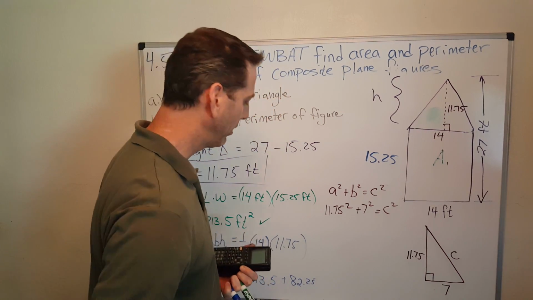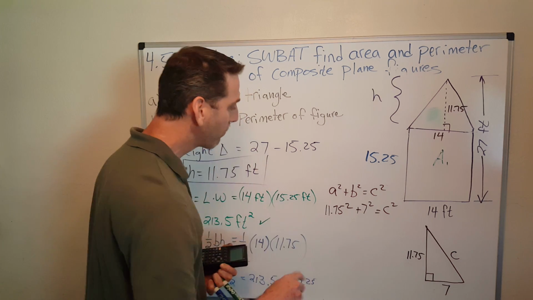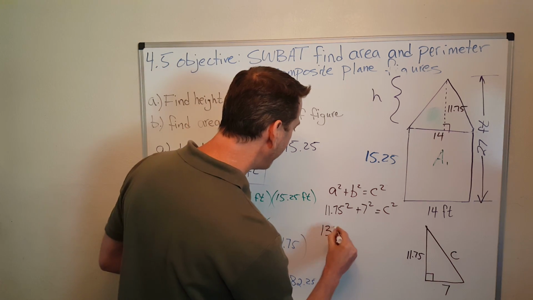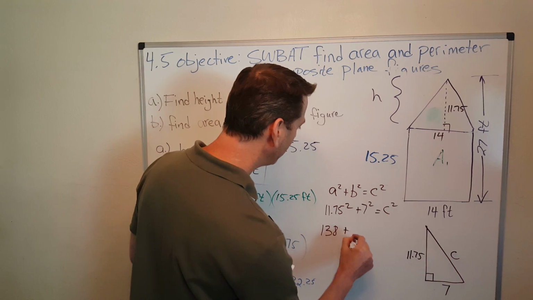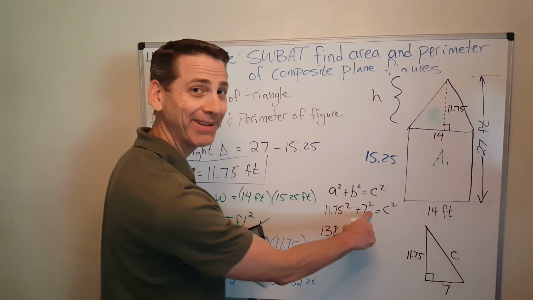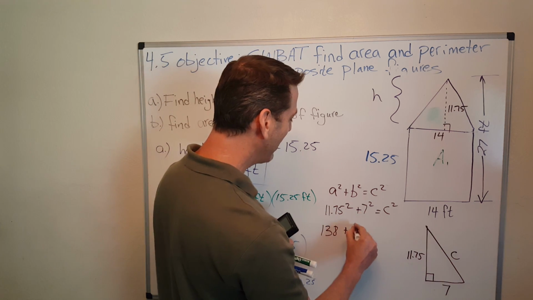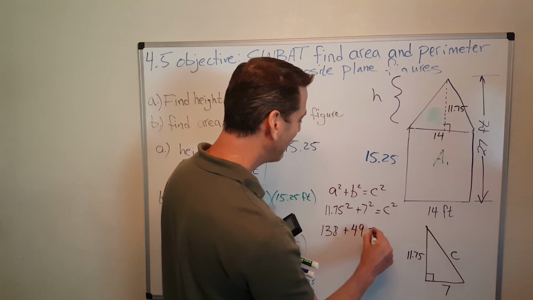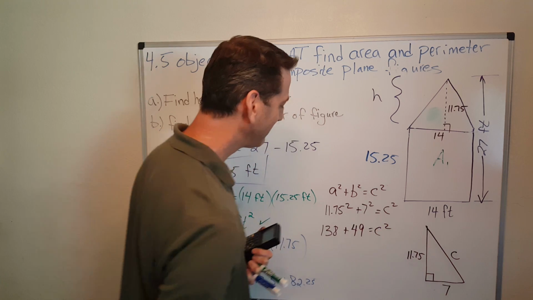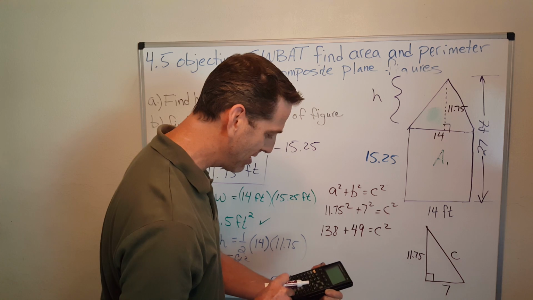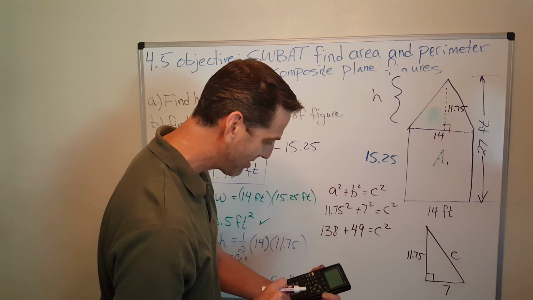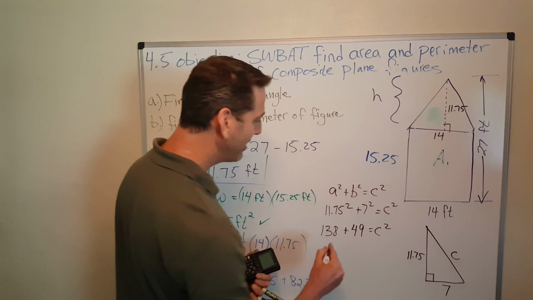All right, that's pretty close. 138 plus 7 squared, which is 49, equals c squared. All right, 138 plus 49 is about 187.